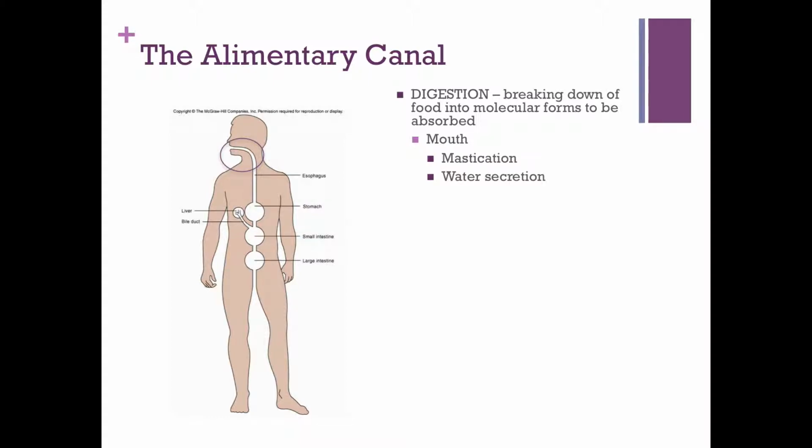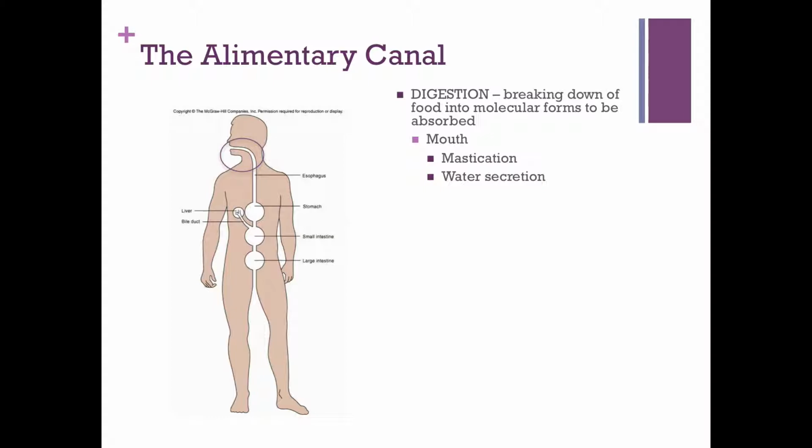The mechanical being chewing, which we call mastication. The chewing response is half voluntary, half involuntary, but basically is going to involve the teeth breaking down the food and then, with the help of the tongue, moving around and mixing that food in the mouth so it can be swallowed.